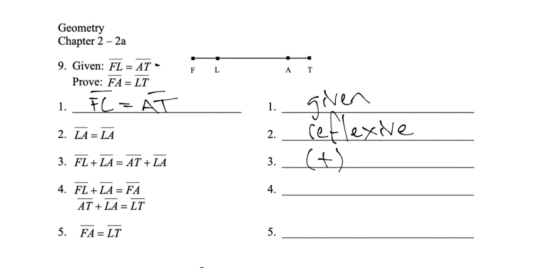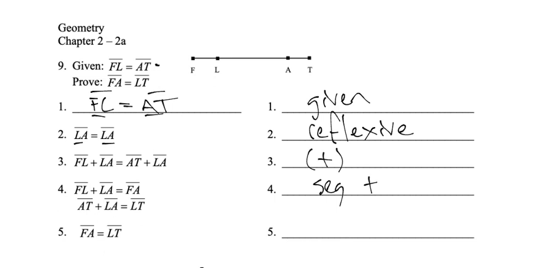So adding those two lines together, FL plus LA equals AT plus LA, you can add 2 of the same thing to any original equality and you're good to go. And then the next line says FL plus LA equals FA and AT plus LA equals LT. Both of those are segment additions. Again, shortcutting, I might just use a plus sign for an addition.